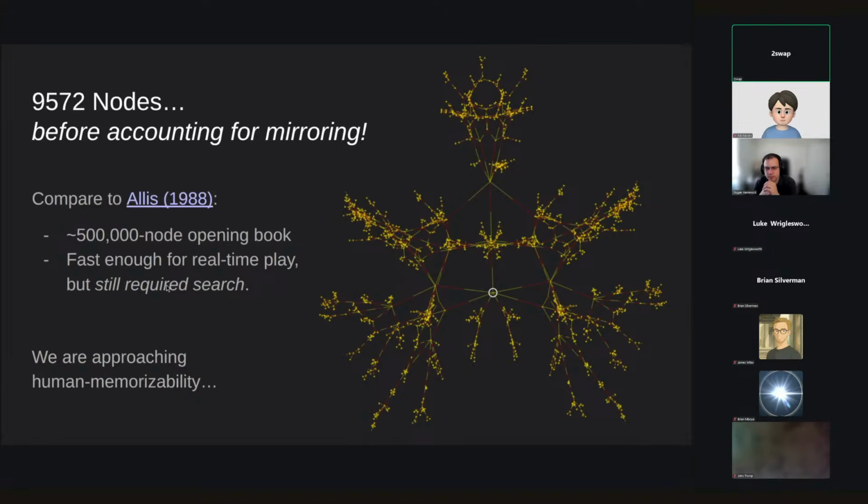So it was fast enough for a computer to play in real time back in the 1980s, but still a much larger product that you're interfacing with, a much larger program. Now, I won't comment on whether this is human memorizable. I'm sure if someone sat down and dedicated their life to it, it's probably possible, but this seems plausible in my book.